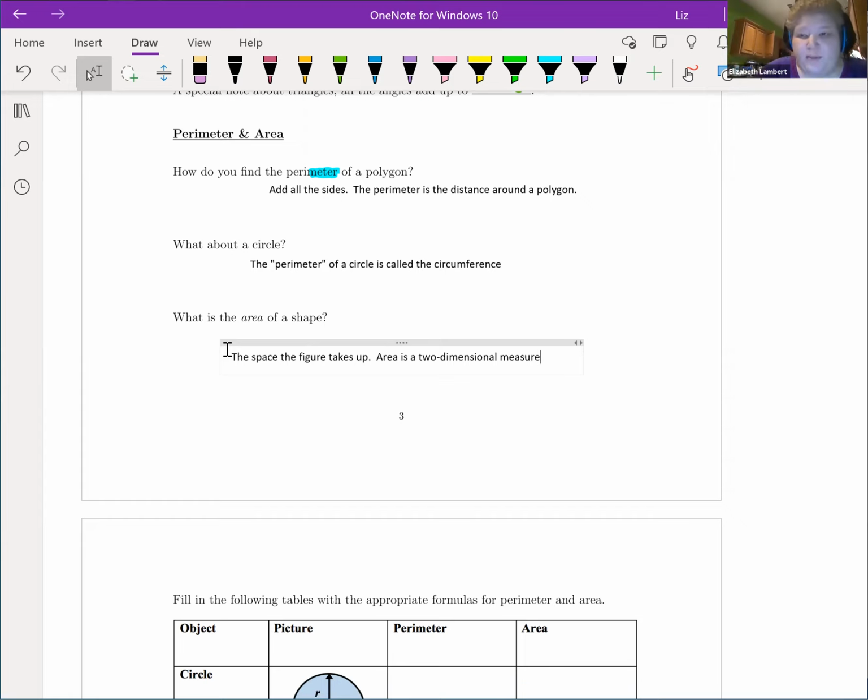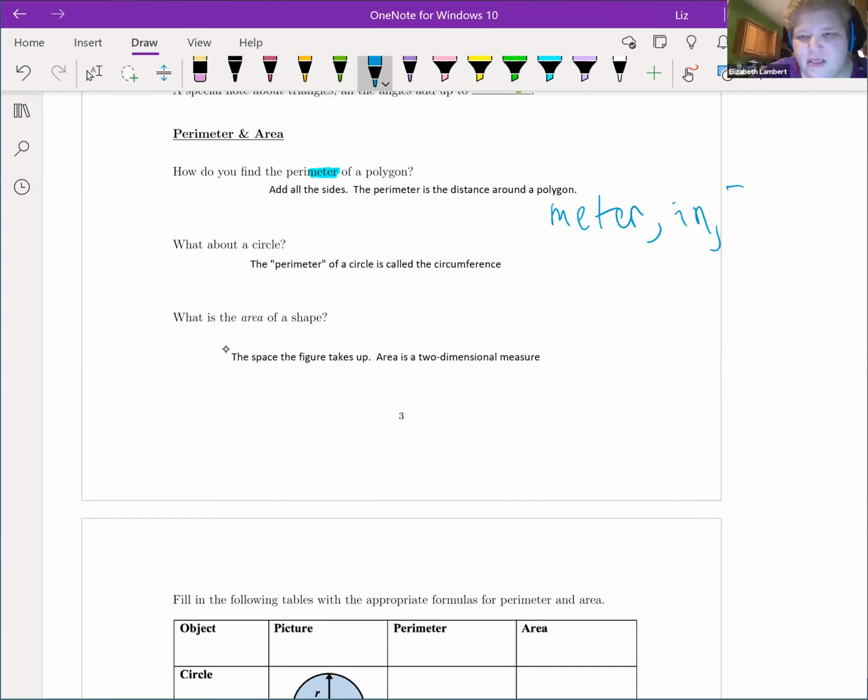So area, perimeter, or circumference are going to have units. Hold on, let's get a real pen. So this might be measured in meters or inches or feet. Same for circumference, but area is going to be measured in square meters or square inches or square feet.